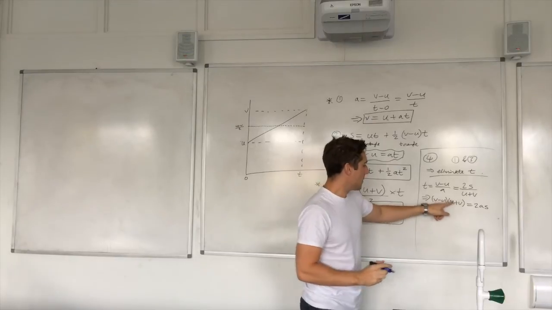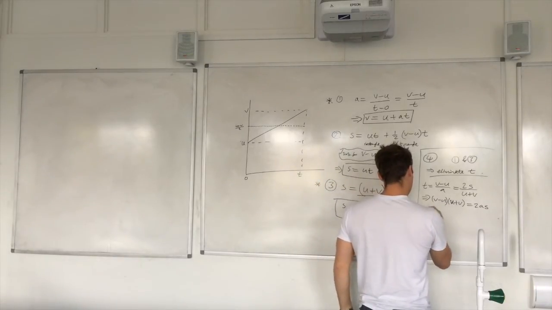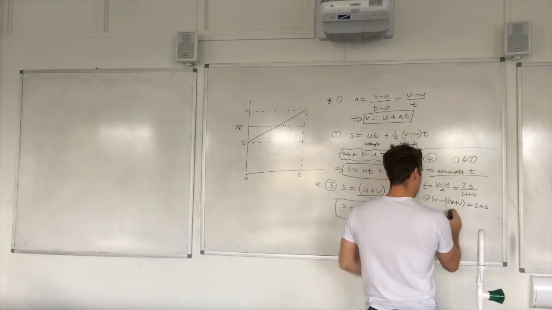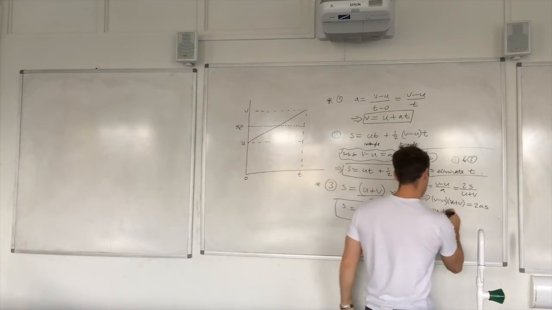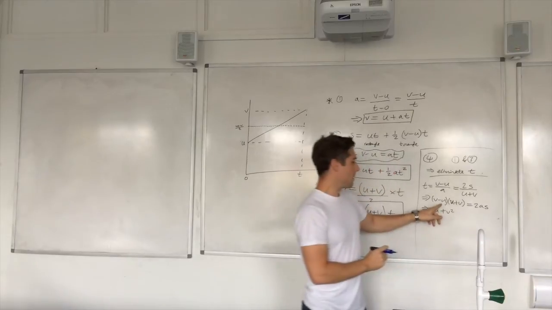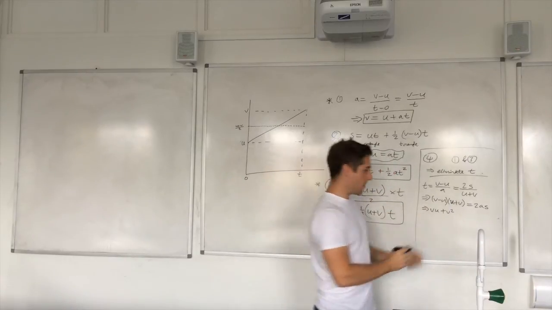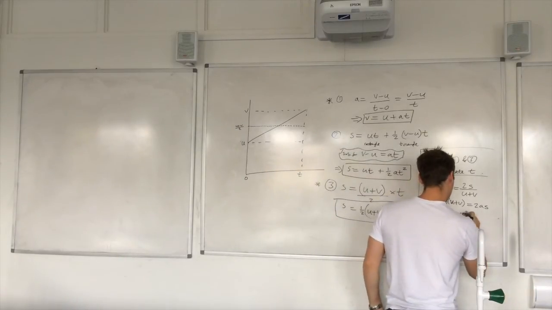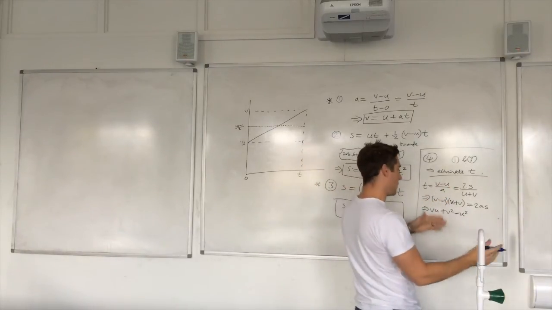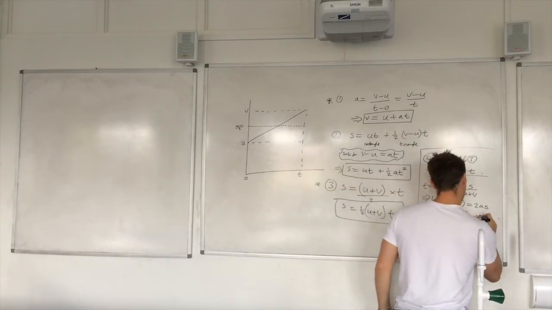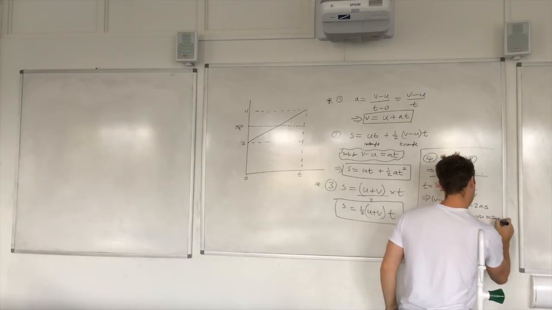So we get vu, so vu plus v squared minus u squared and minus uv, or vu, equals 2as.